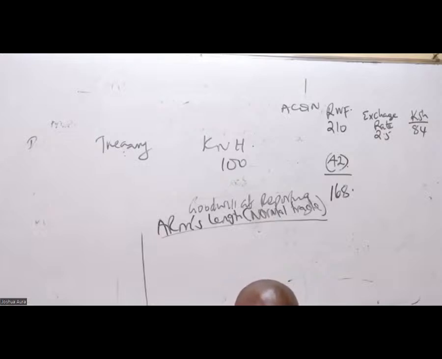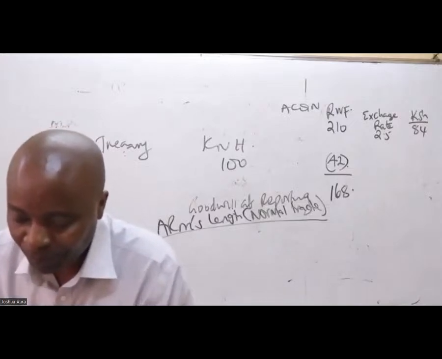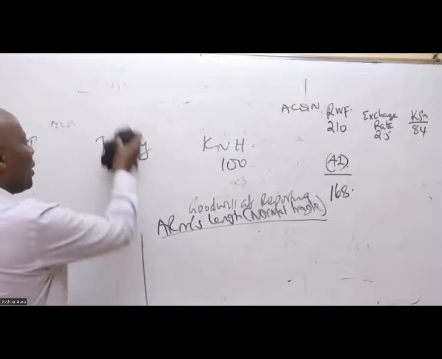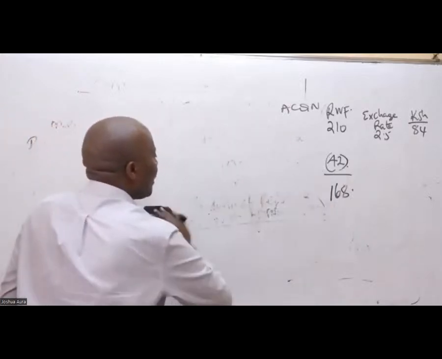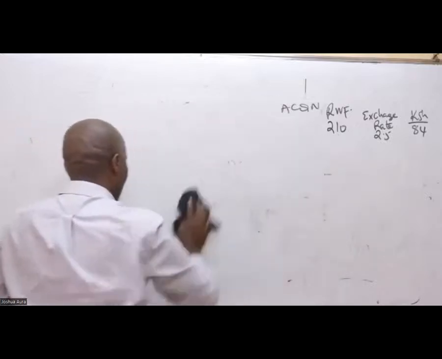I repeat again that according to IFRS 3, NCI should be measured at its fair value at the date of acquisition. We normally do two types of measurements when it comes to IFRS 3, measuring NCI.